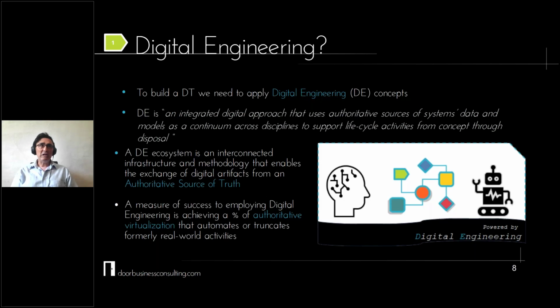At the end, with digital engineering, what we want to achieve is to use an authoritative source of system data and models so that we can reduce the amount of rework and we can source everything in a single authoritative source of truth. That means we have a model in which we have our information and we don't have 10 different sources of truth that are not aligned with each other and are contradicting each other.